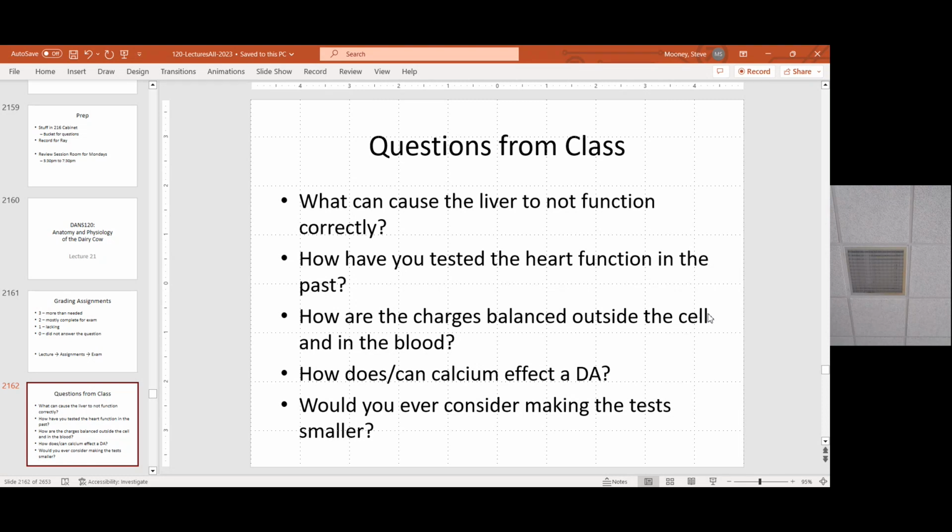So what is the negative charge inside the cell? Where do the negative charges come from? Mostly protein.